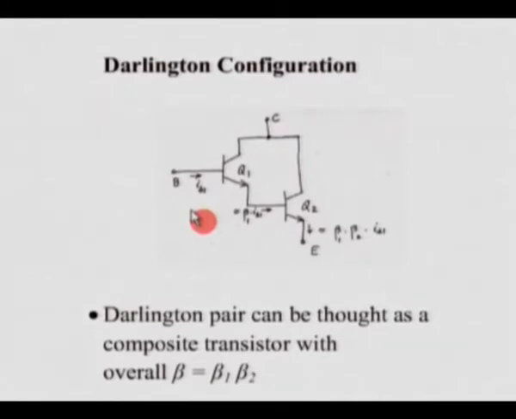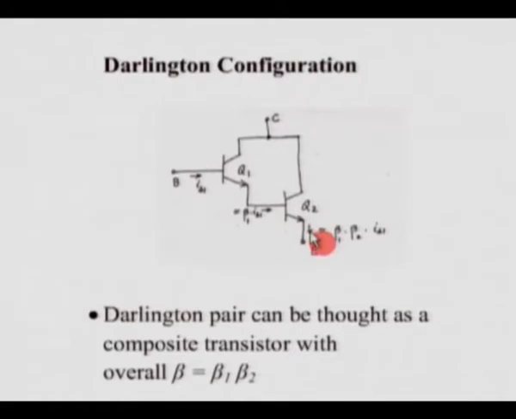Now, because of the way we connected it, the base current of the first stage gets multiplied by beta plus 1, let us say approximately beta 1. The emitter current of the first stage flows as the base current of the second stage.